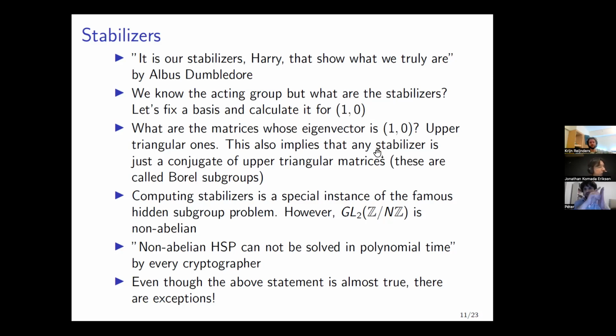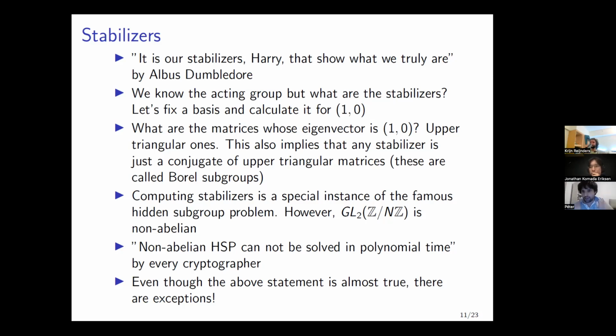If you just write it down as A, B, C, D, and then you multiply, you get A and C, right? If you multiply (A, B, C, D) with (1, 0), you get (A, C), and this will stabilize (1, 0) if C is 0.